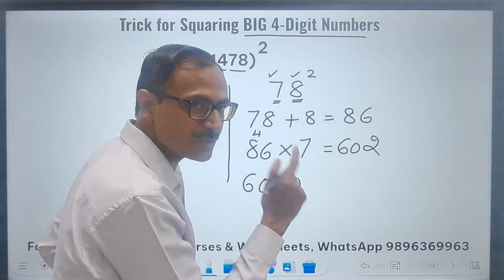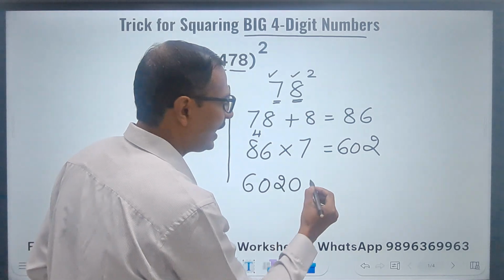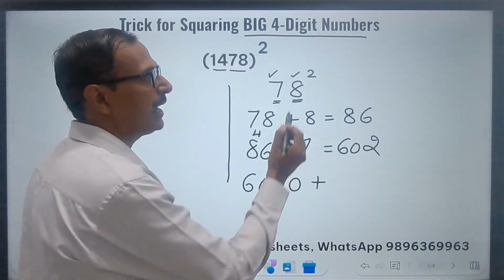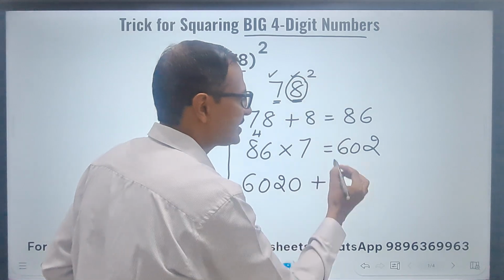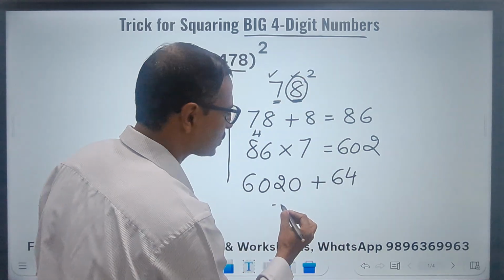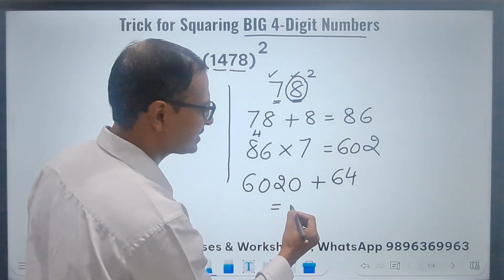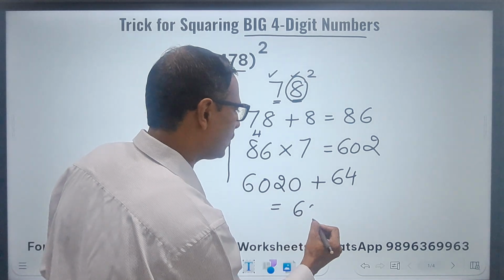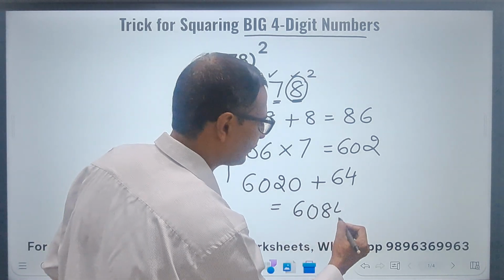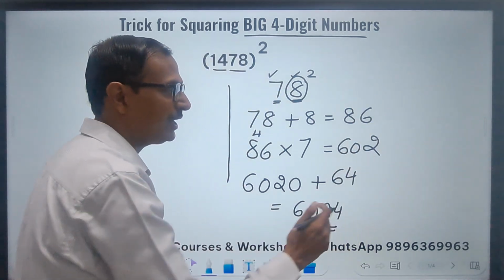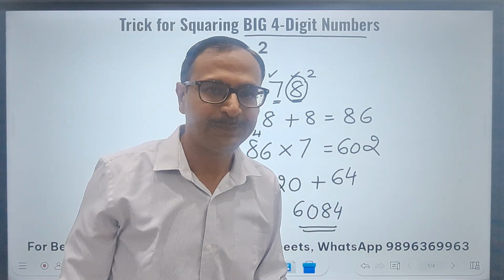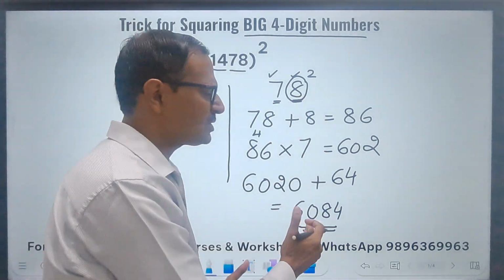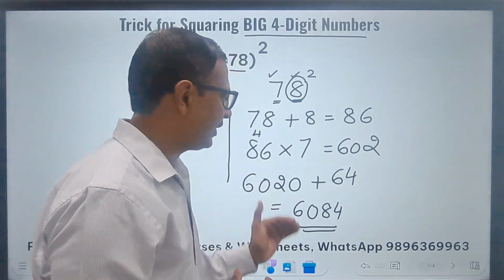Then add the square of the unit digit, that is 8 square, 64, to this, and you will get the square of 78. This is 6084. Now this should be done very quickly if you want to do the square of a four-digit number quickly. With little practice you can gain this competency.